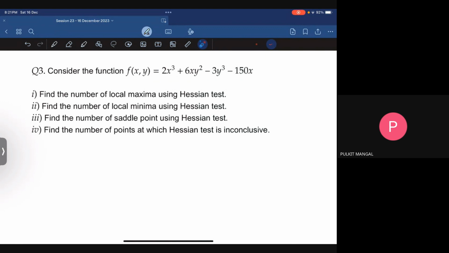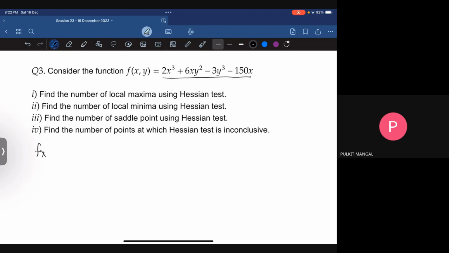You have to remember all the conditions, like at what condition it is a local maximum, at what condition it is a local minimum, for both two variables and three variables. None of this would be given in the exam. So just a function.